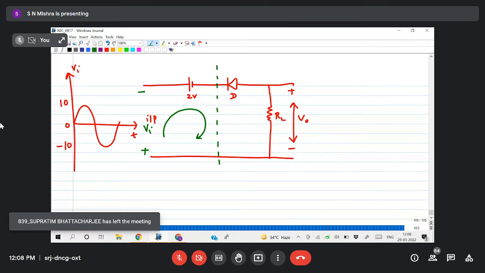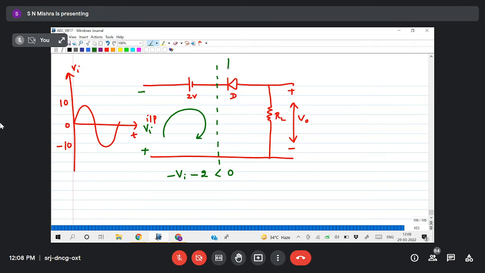Plus to minus Vi, plus to minus minus 2, minus 2 should be less than 0, na? Yes, sir. Less than 0. This is the cathode. And if you connect like this, then this is your anode, this is your cathode. Cathode potential should be less than anode potential, so you have to take it less than 0.